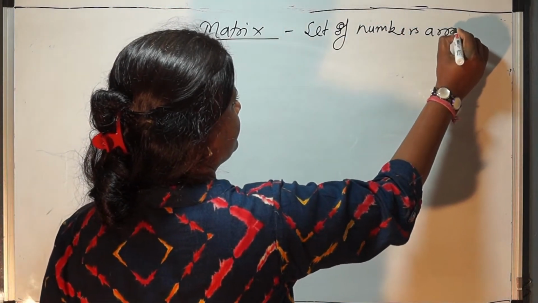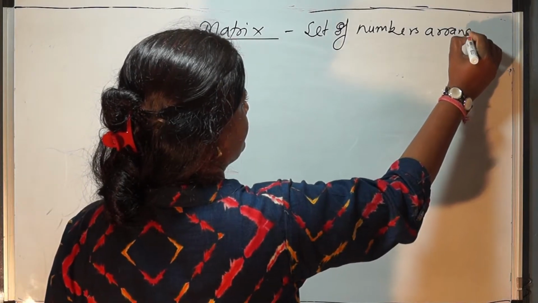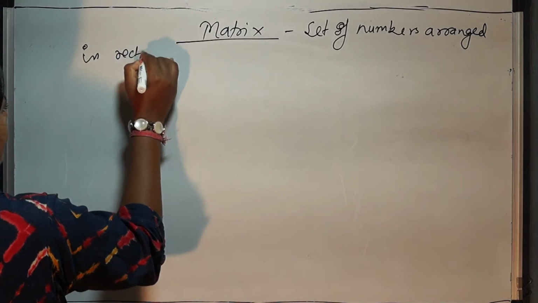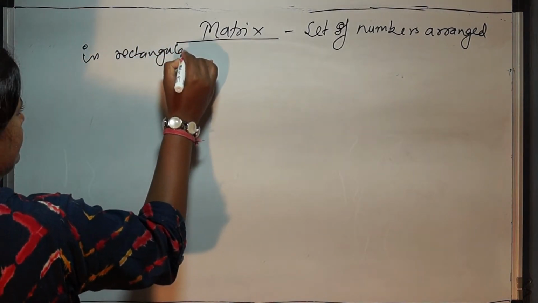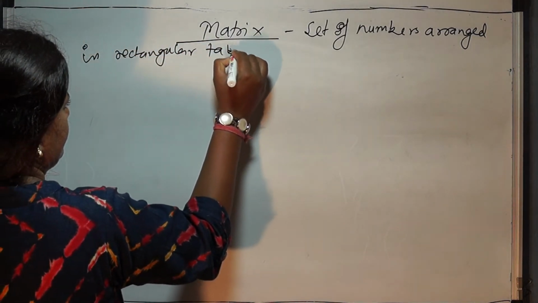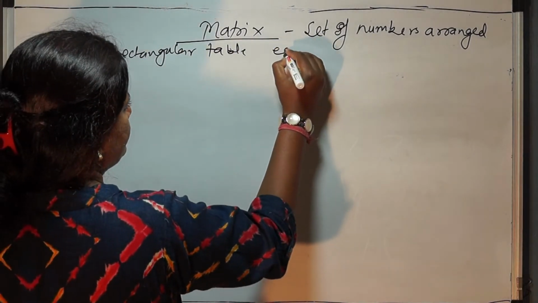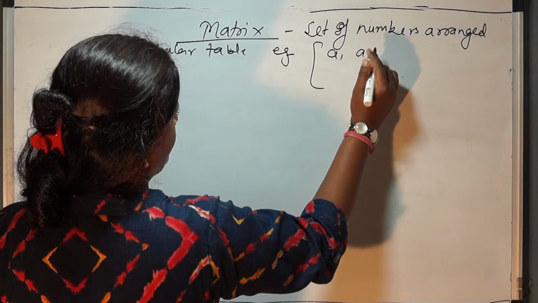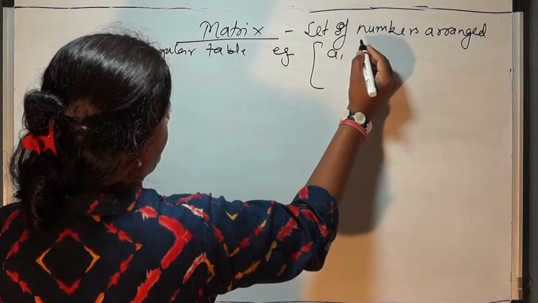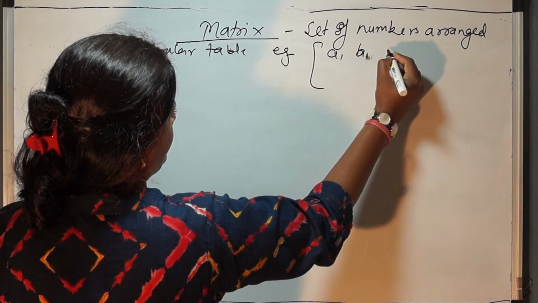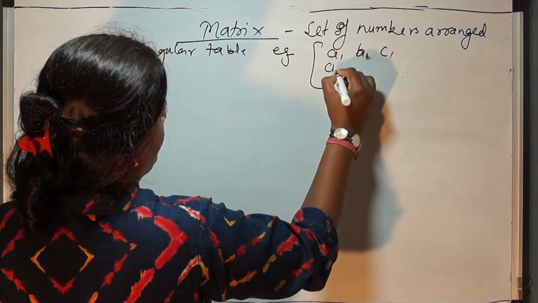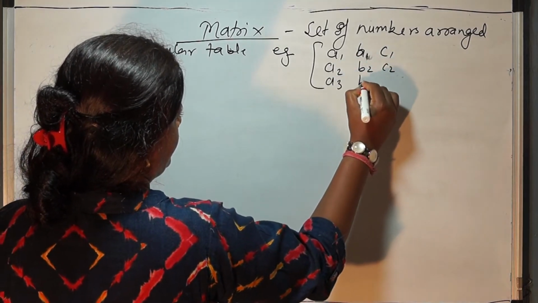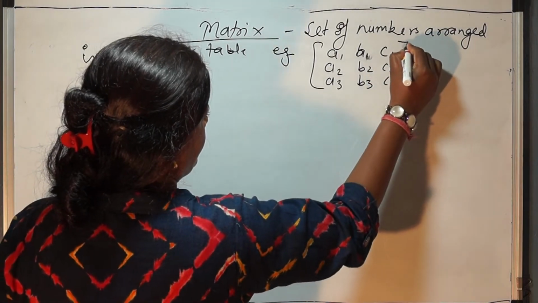arranged in a rectangular table. For example, A1, B1, C1, A2, B2, C2, A3, B3, C3.